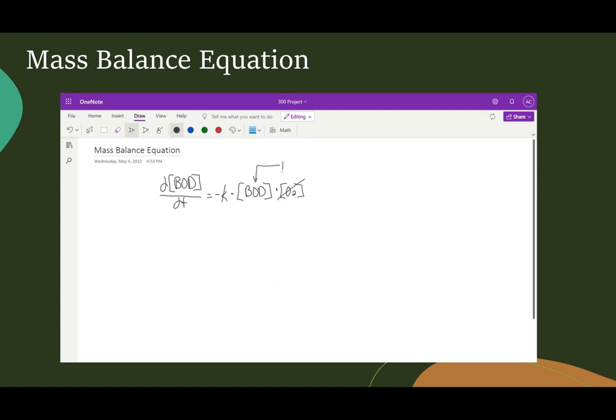But we don't need the oxygen for this equation, and our BOD is the limiting reagent. So therefore, our new equation would only include our negative K rate as well as our BOD.